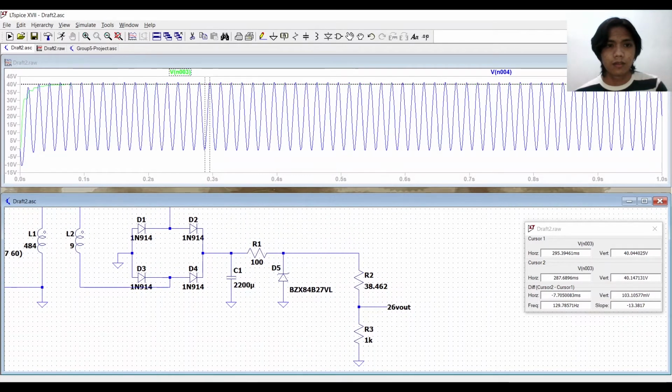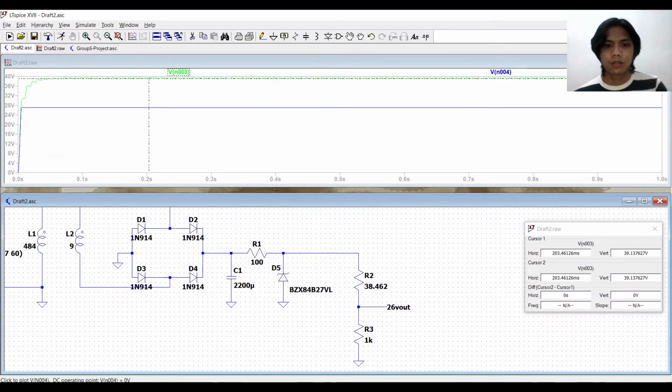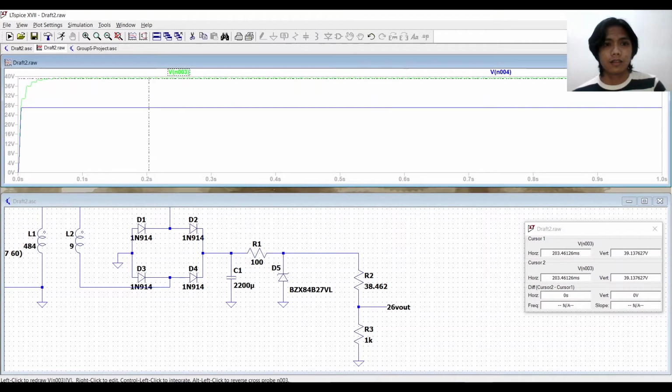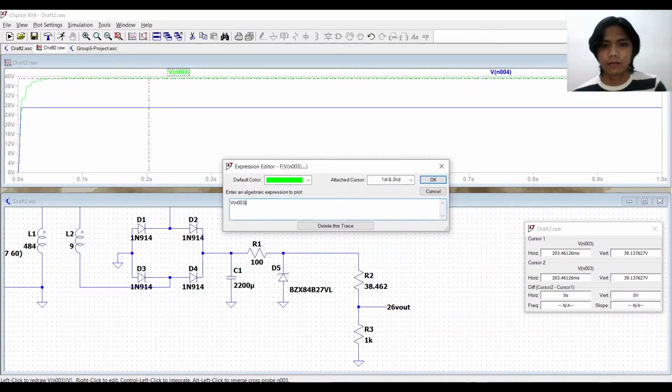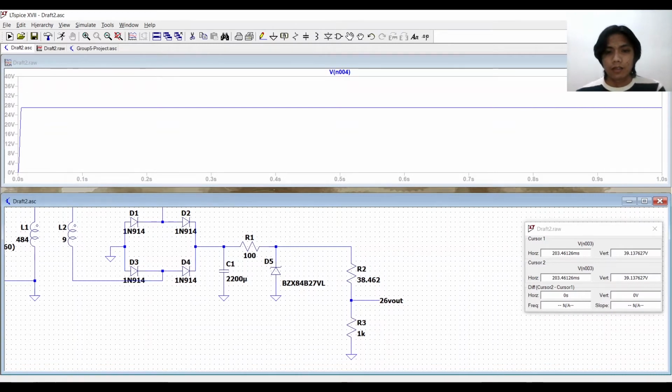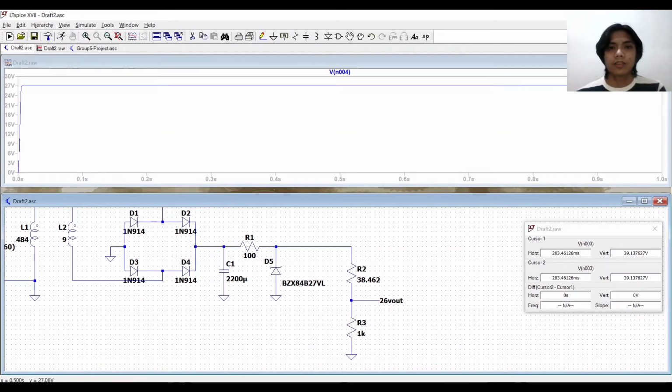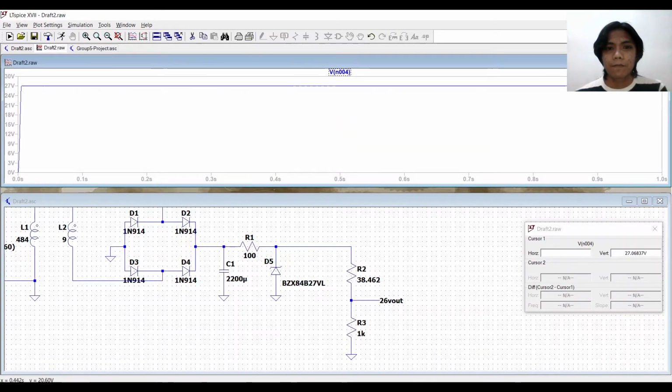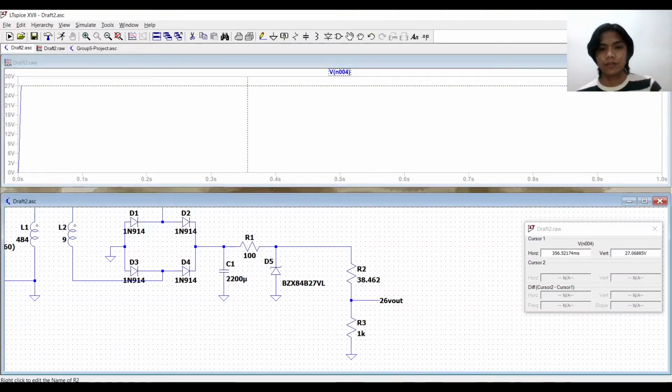Okay. So now that the output here was shown, it is now time to simulate it. And so the output here as shown is 27. Sorry.